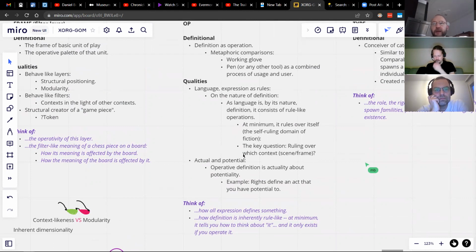It's ruling over something. At its minimal, it's ruling over itself. You could say this is also an example of how fiction behaves. Fiction is defining something, but it's mostly not making claims beyond itself. It's just claiming to itself.